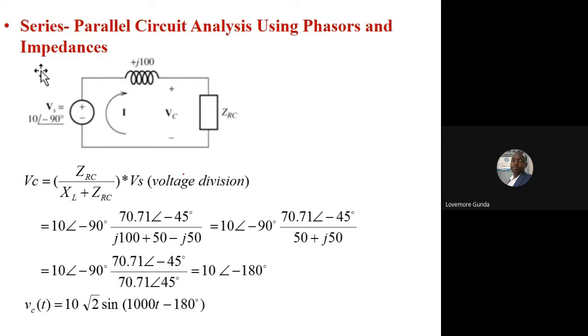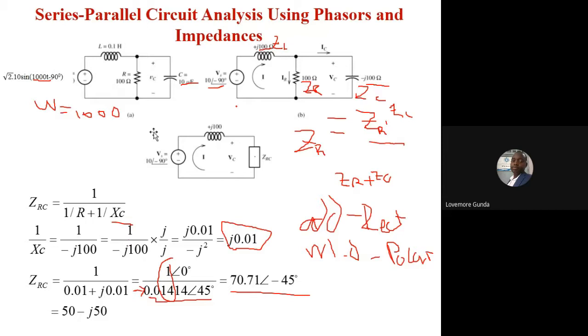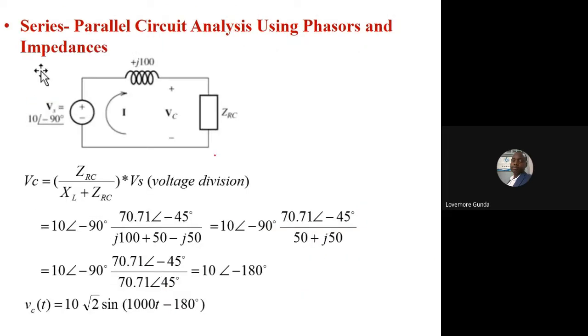Then the voltage across the capacitor. Bear in mind that the capacitor now is part of ZRC. It means the voltage across these two points is still the same. So you can still find the voltage across ZRC, and that will be the voltage across the capacitor. So it's now ZRC over XL plus ZRC, multiplied by the supply voltage. Voltage divider rule, I hope everyone remembers it.